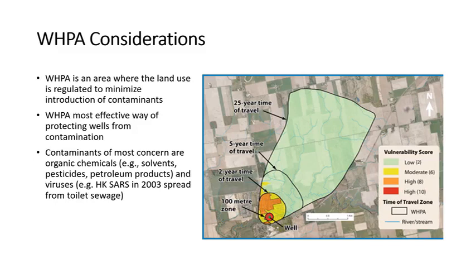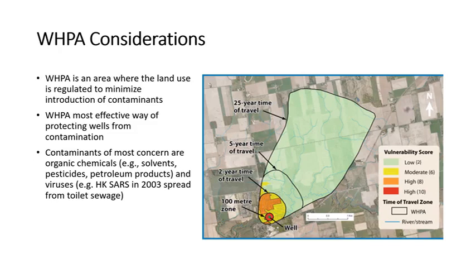So what you're seeing here in the figure is an example of a watershed wellhead protection area. All right, and shaded here are different distances depending on the travel time.